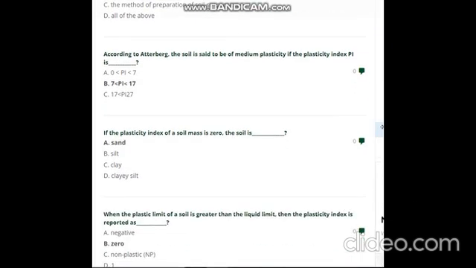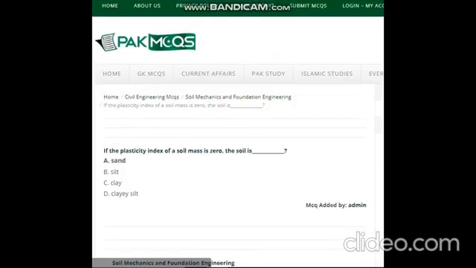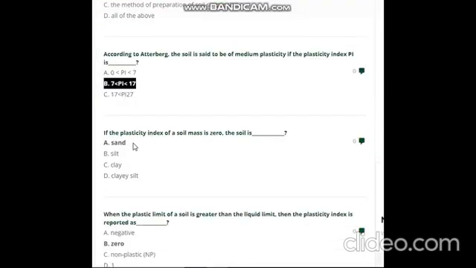According to IS classification, the soil is said to be medium plasticity if the plasticity index PI is 17 greater than PI and PI is greater than 7. If the plasticity index of soil mass is 0, the soil is sand.